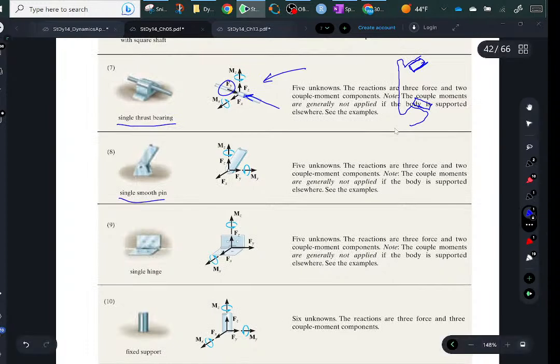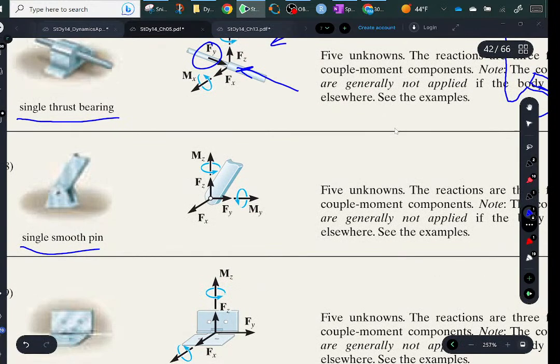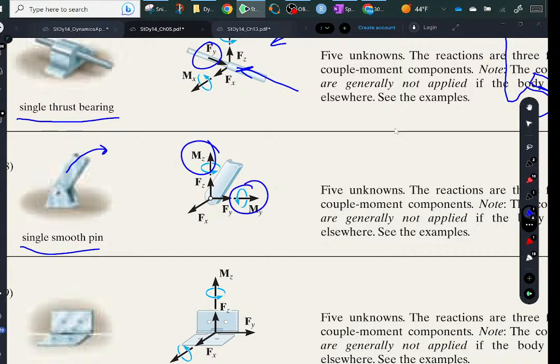A single pin is a 2D pin. You cannot have a 3D pin. If you've got a 3D pin, it's a ball in a socket like your arm. If it's a regular pin, then if I push this over to the side and take a moment, this thing will give you a moment back. A ball joint, like your shoulder, if you don't tense your muscles up, it just moves anywhere.